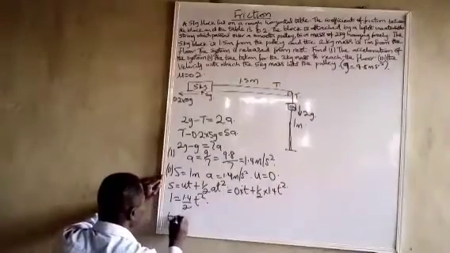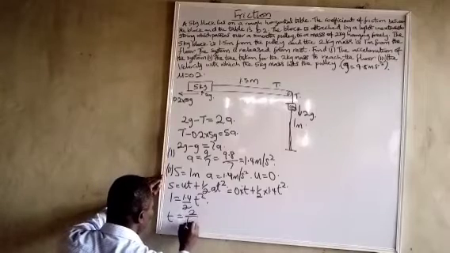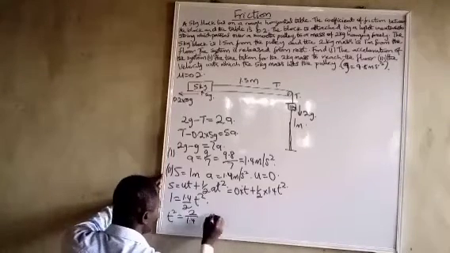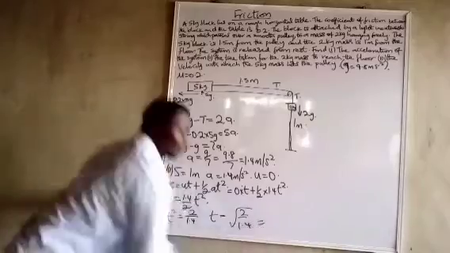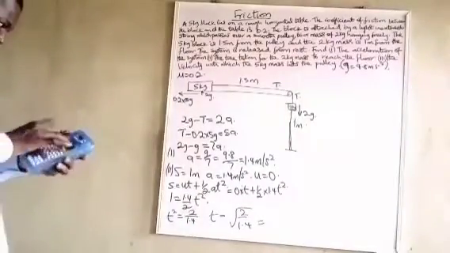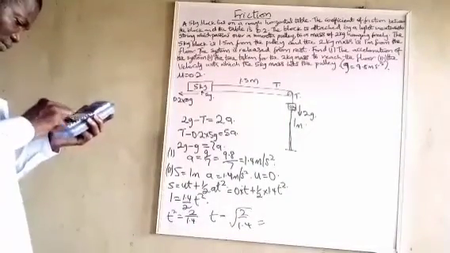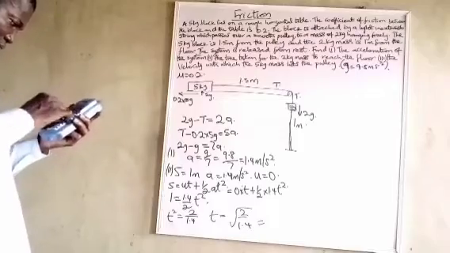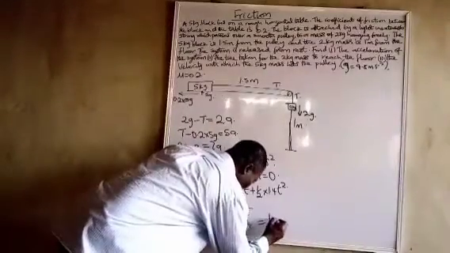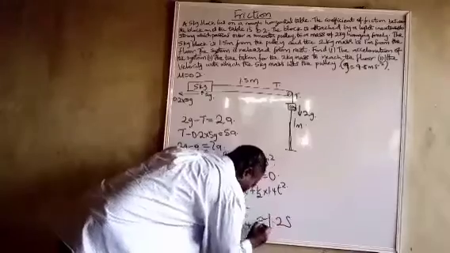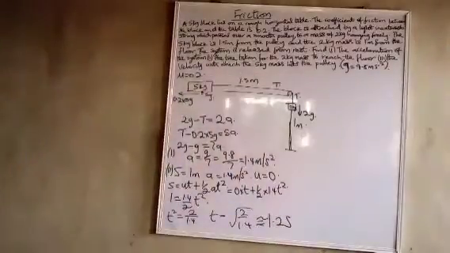So t squared will be equal to 2 over 1.4. So t will be equal to the root of 2 over 1.4. So let me get that. This is approximately 1.2 seconds.